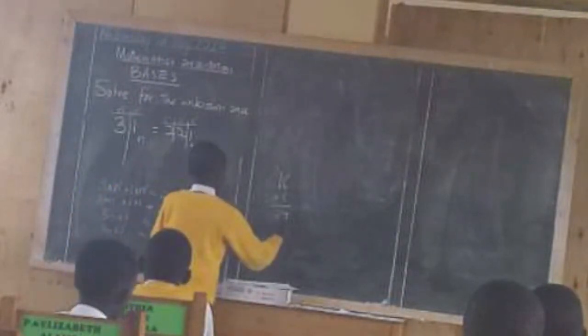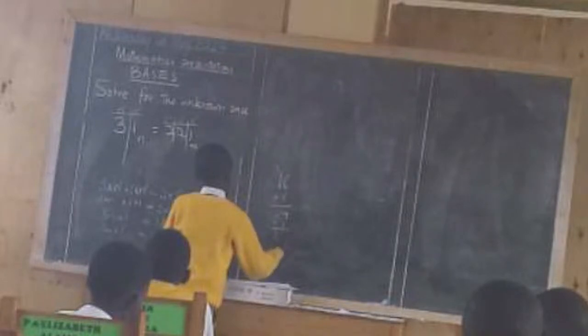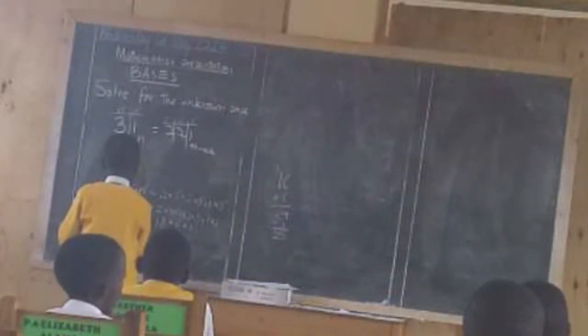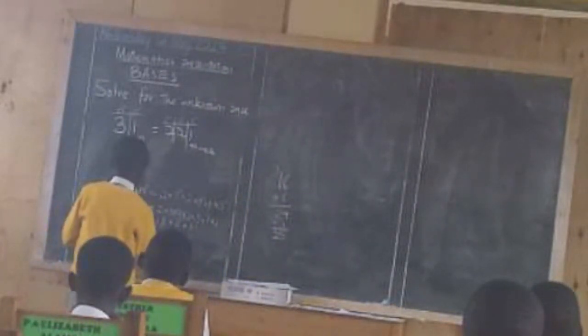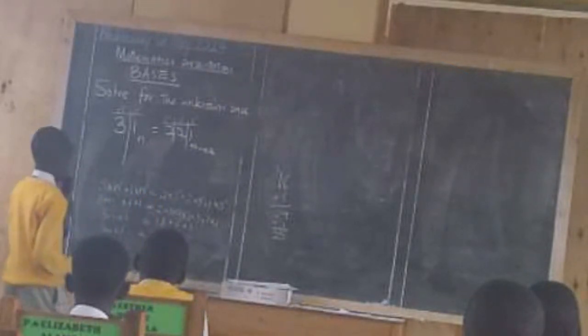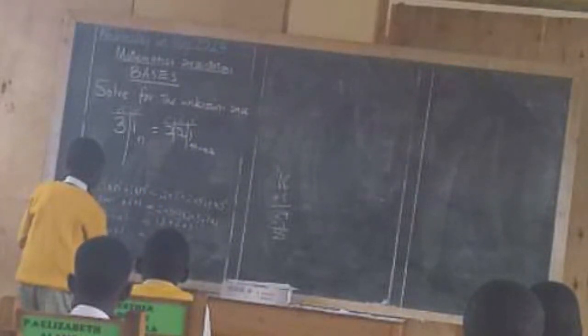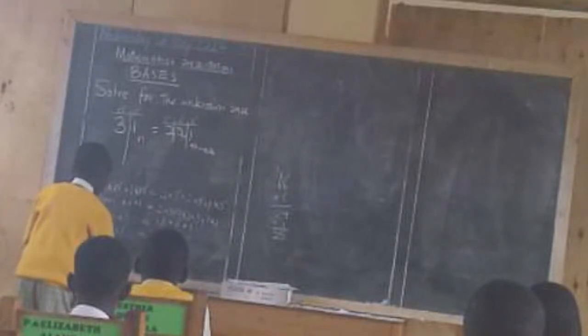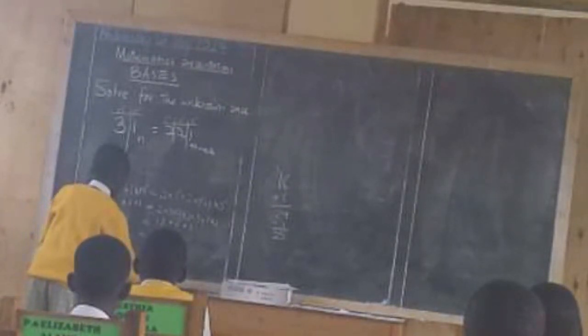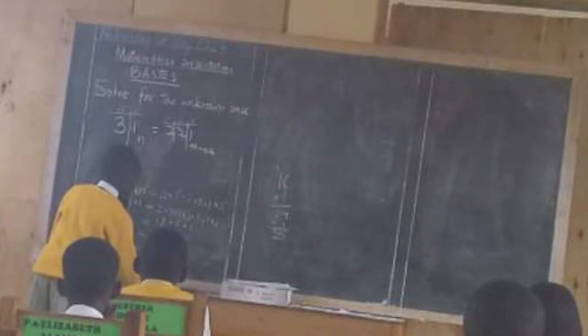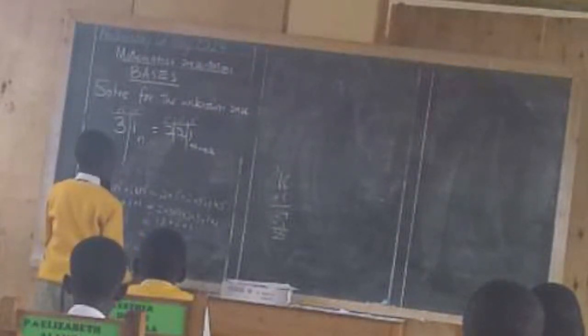That is 25. 3n plus 1 equals 25. We collect like terms. 3n plus 1 minus 1 equals 25 minus 1.